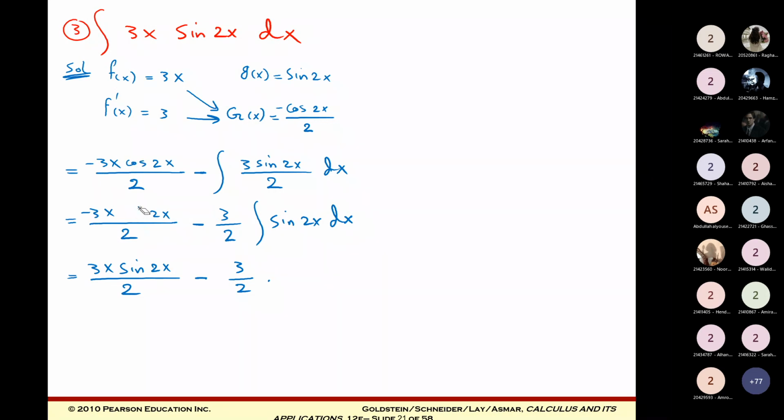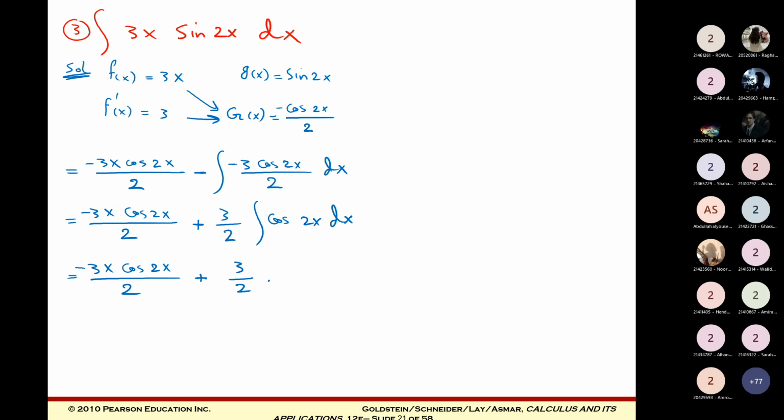Minus cosine, and with the negative in front, it becomes positive.